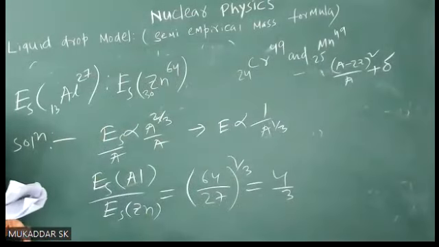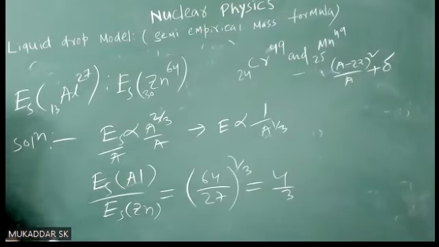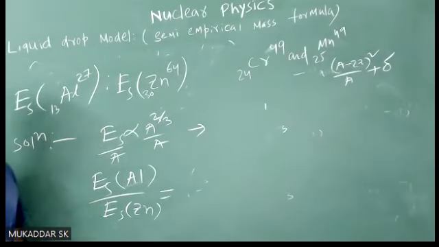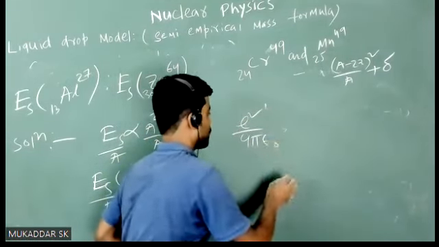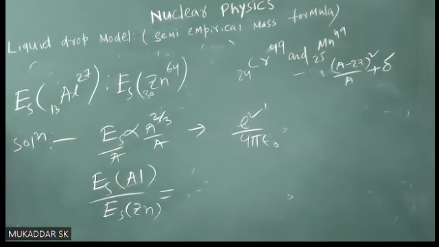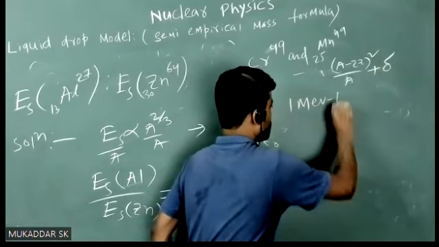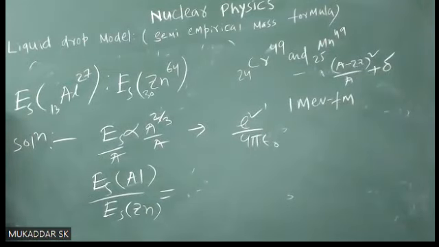Assuming that the nuclei have a spherical charge distribution, and given that e^2 by 4 pi epsilon naught is approximately 1.44 MeV femtometer, calculate the radius of manganese 49.